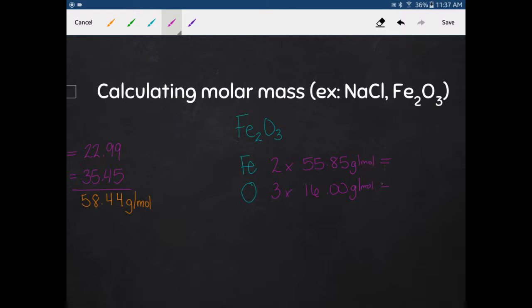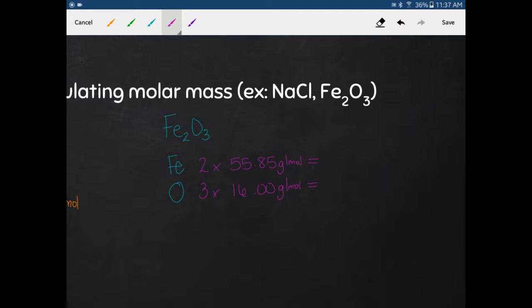Now, when I multiply each of these values by their coefficients, this guy equals 111.70 grams per mole. And this guy here, 16 times 3, of course, is 48.